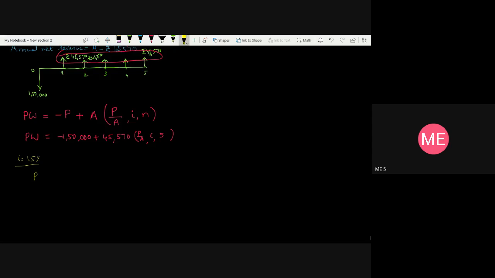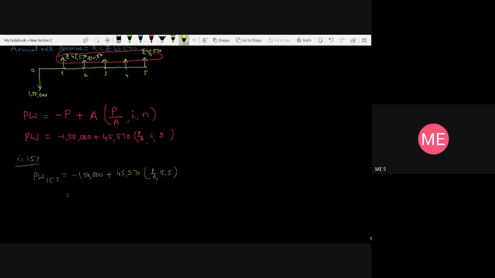So in this case, PW at 15% is going to be minus 1,50,000 plus 45,570, and here the factor is P by A comma 15 comma 5.